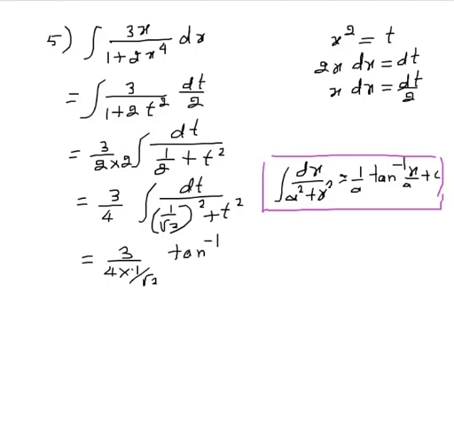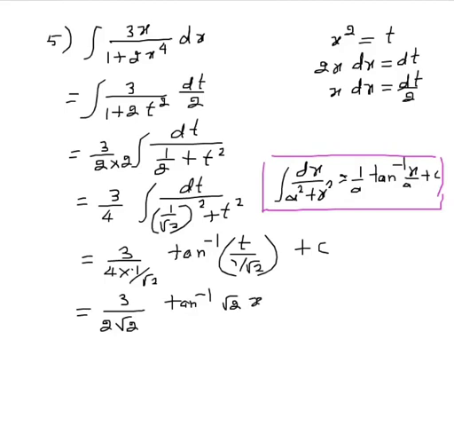Tan inverse of x by a is 1 by root 2. I can cancel root 2 and 2, so it becomes 2 root 2 in the denominator, and tan inverse of root 2t, and substitute for t. t is x square, plus c.